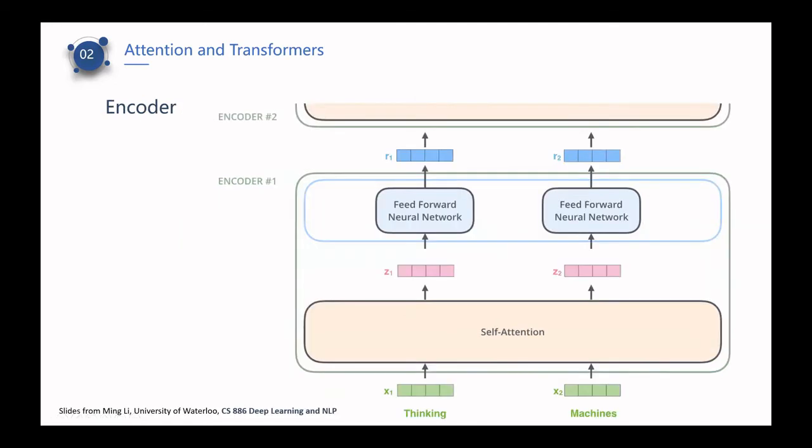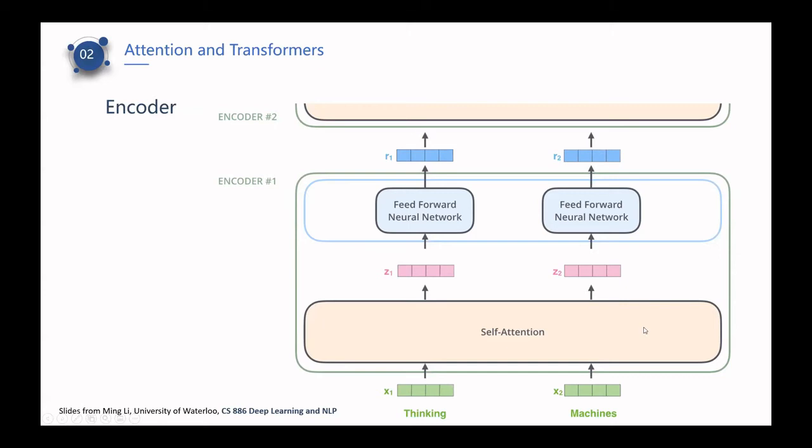Okay, so let's look at it in detail. We are going to take an even simpler sentence with just 2 words: thinking machines. This is the first token, and the second token. Again, we embed each word, for example with word2vec. This is a representation of thinking, and a representation of machines. In these 2 words, we are going to apply the self-attention.